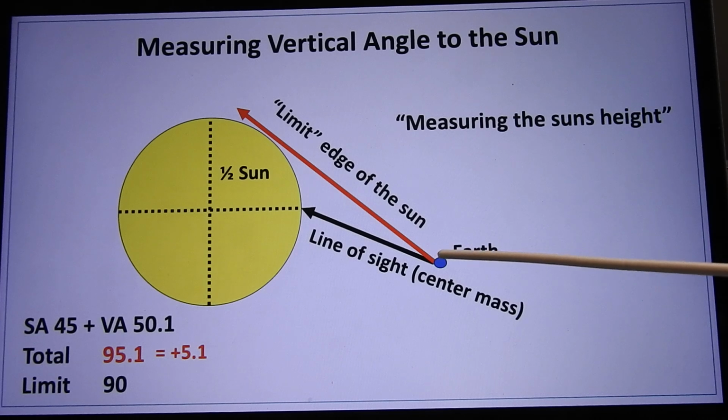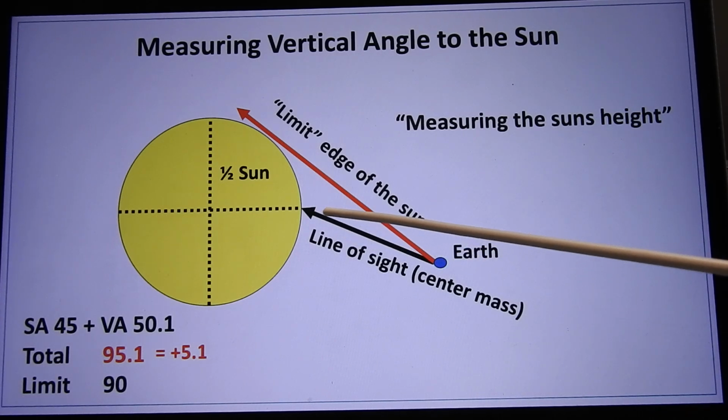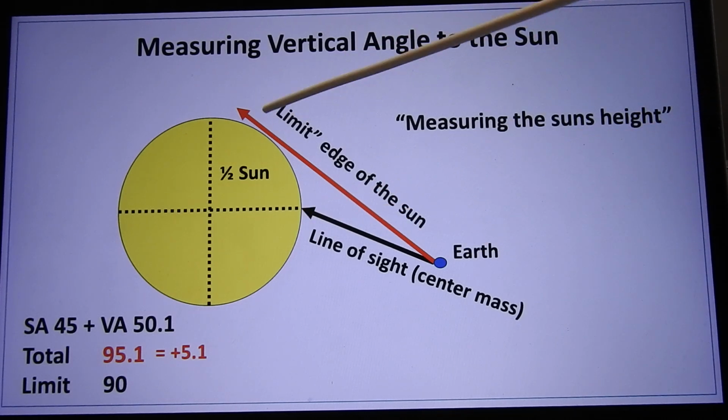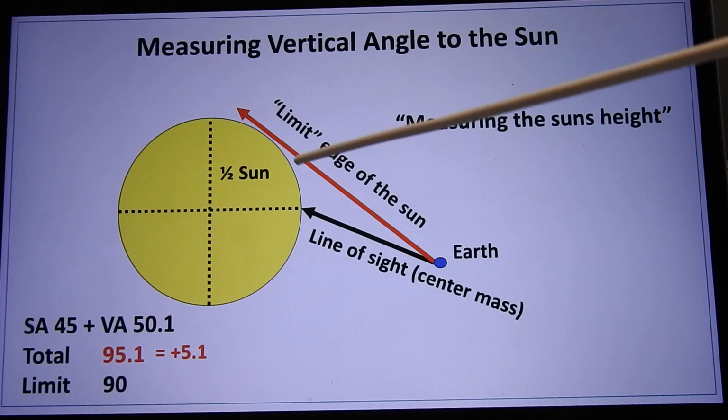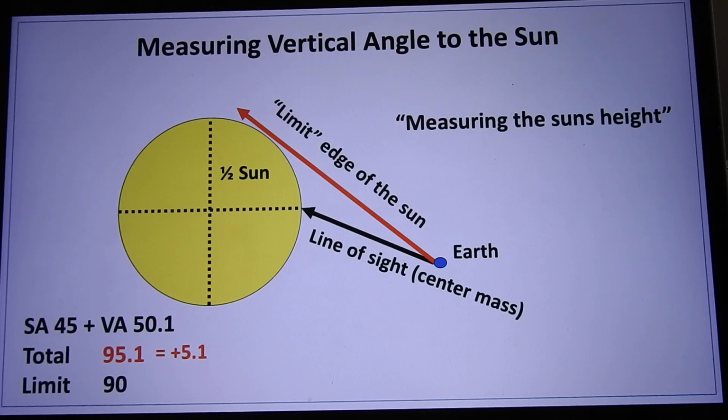When we sight in on it, testing from the globe model, we always go center mass of that object, and then all we're doing is getting that spread, that difference, and that's the limit, the outer edge of it. And we have to remember that on the globe model, the observer is at an angle to the sun at the time of measurement.